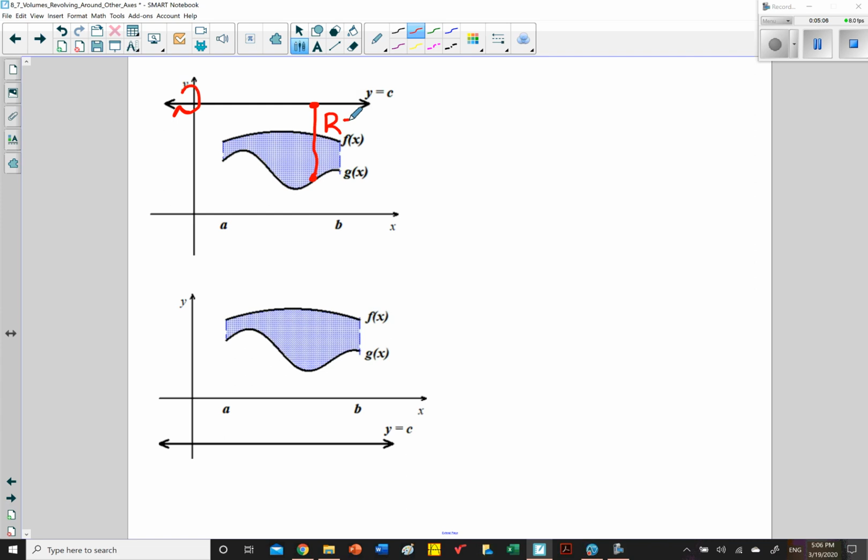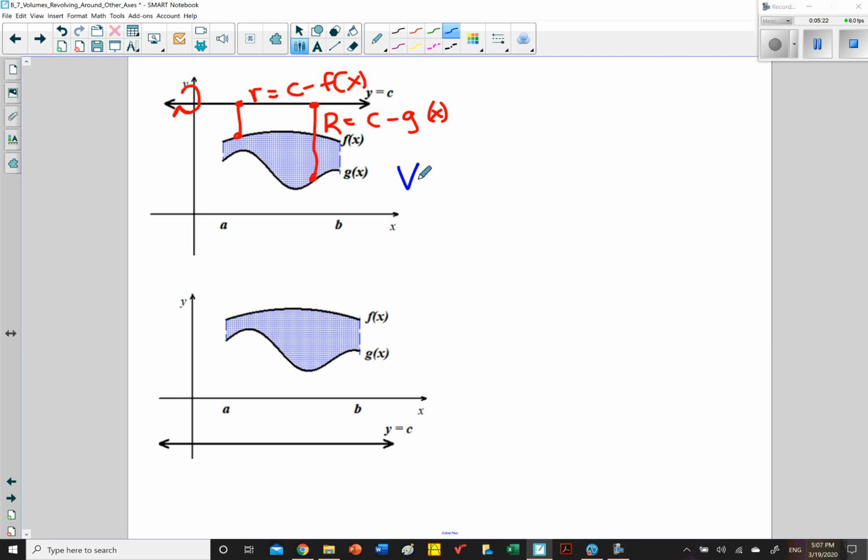Capital R is c minus g of x, and baby r is in here. Baby r is c minus f of x.